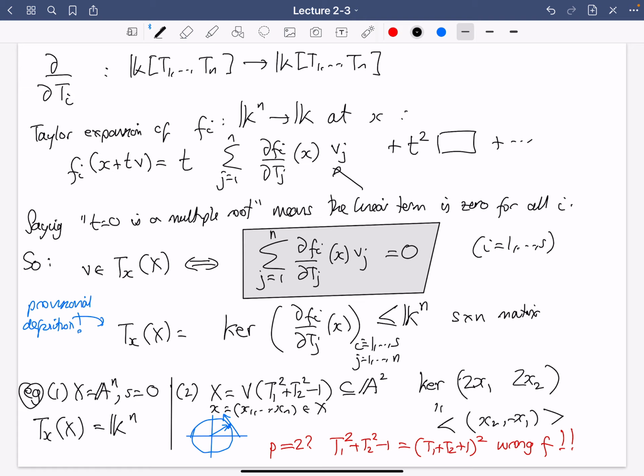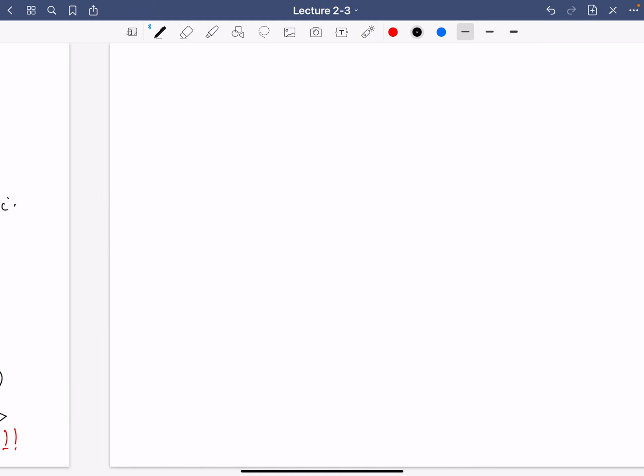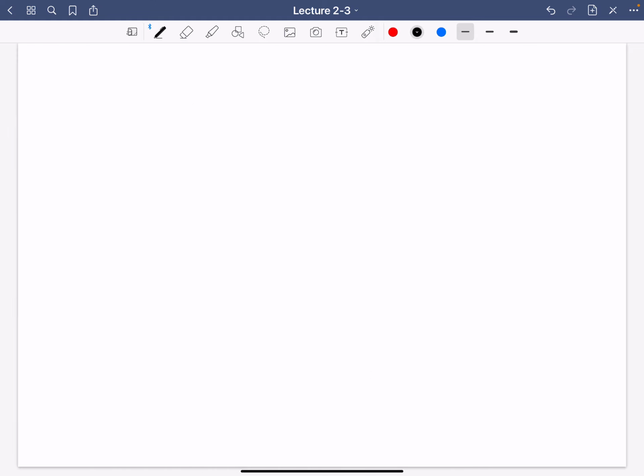Now we've got to work on it a little bit to see if we can go coordinate free. So let's just have a little bit of language, I think, that is useful.